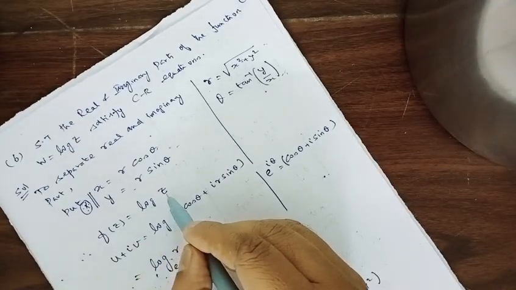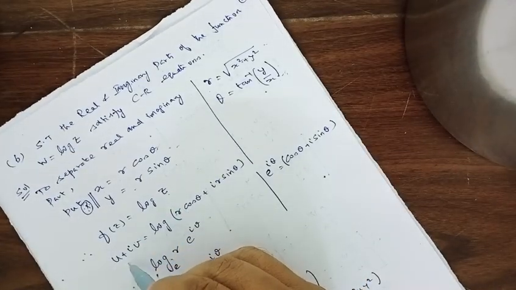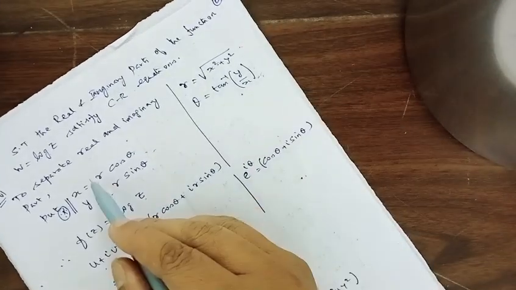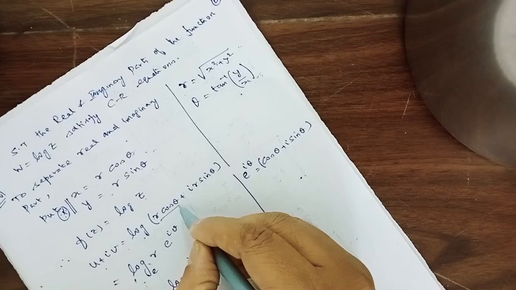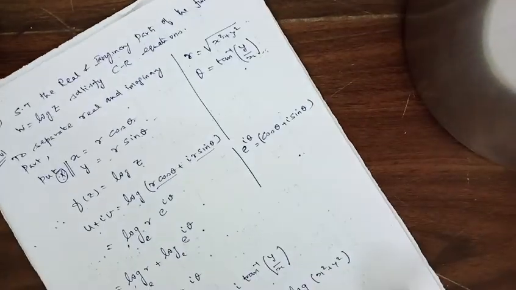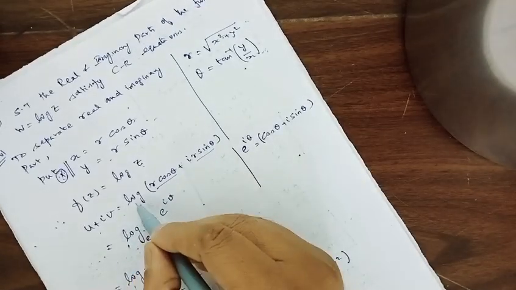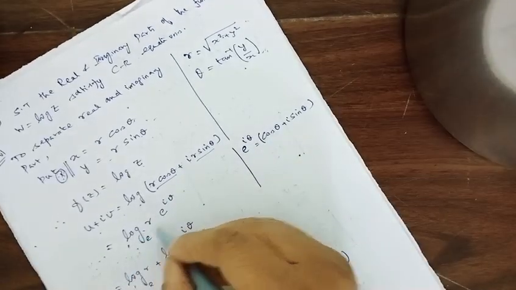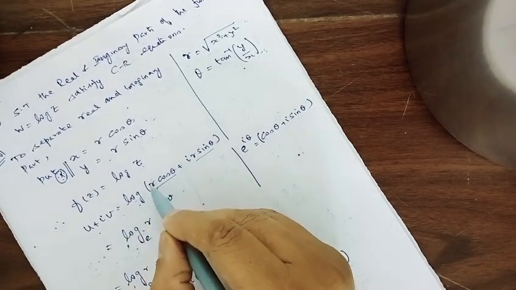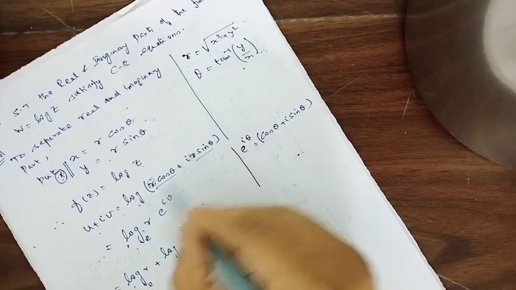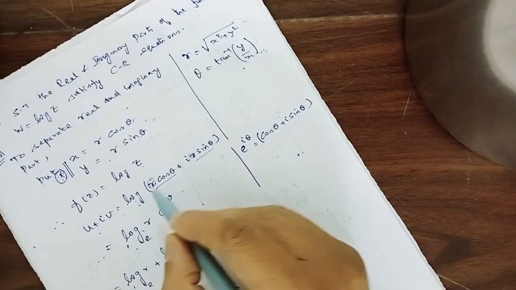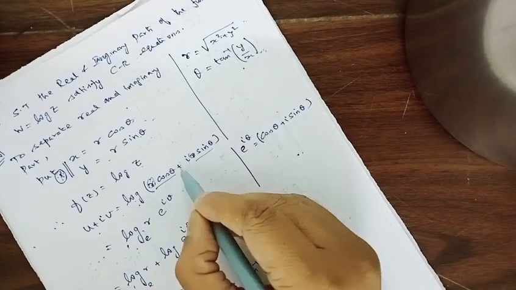Now f of z equal to log z, therefore f of z is u plus iv, that is equal to log of x plus iy. Here we substitute r cos theta for x and r sin theta for y. Then log of r times cos theta plus i sin theta. Taking r out, we get log r times the bracket cos theta plus i sin theta.